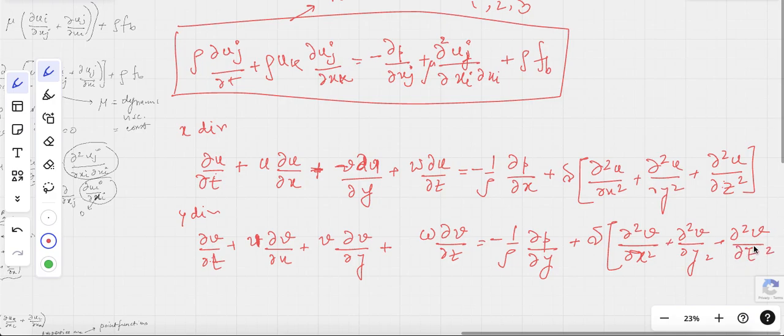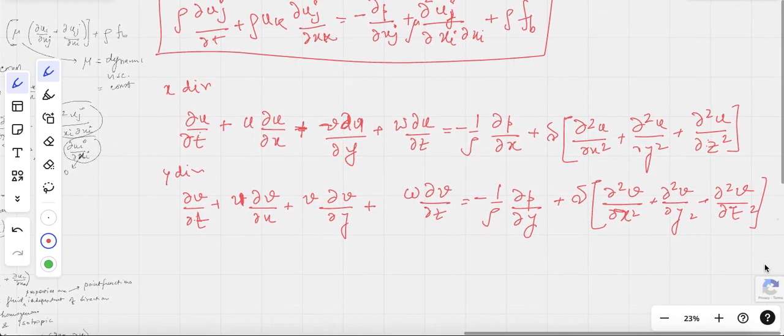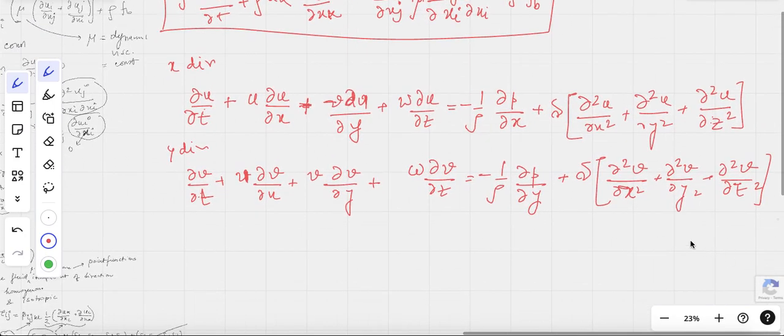It's my request that you keep writing these equations so that you can memorize at least the Cartesian coordinate ones.